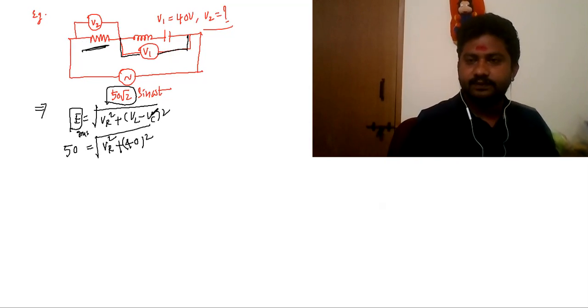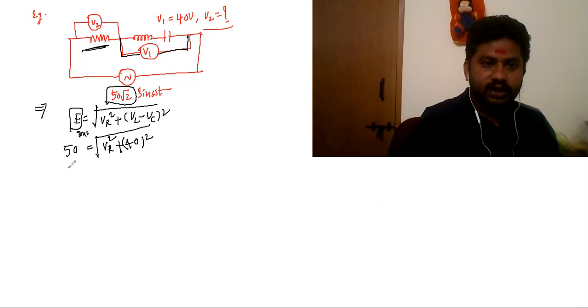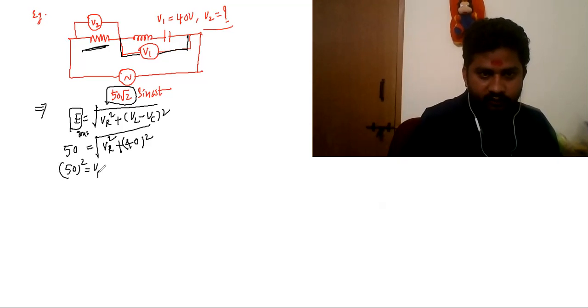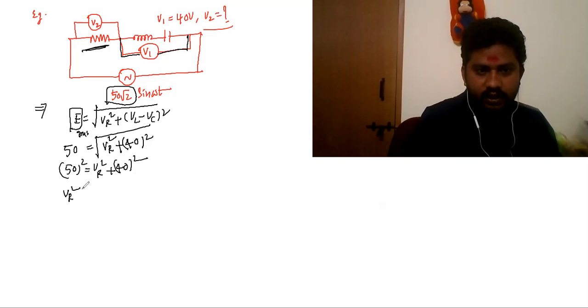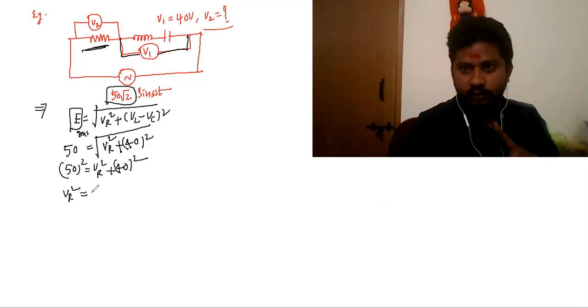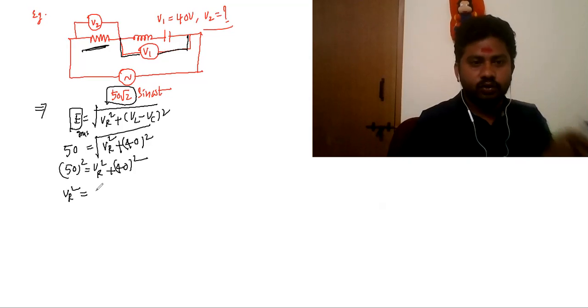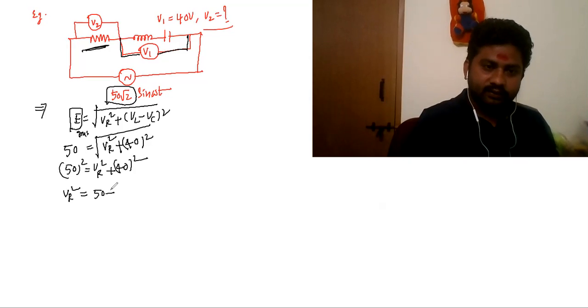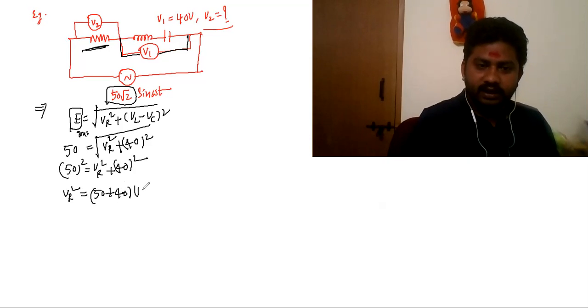I hope you understand the question. So let's square both sides. 50 square is equal to VR square plus 40 square. So I can also write VR square is equal to 50 square minus 40 square, which is A square minus B square form. The answer is A plus B into A minus B. So I can write 50 plus 40 into 50 minus 40.